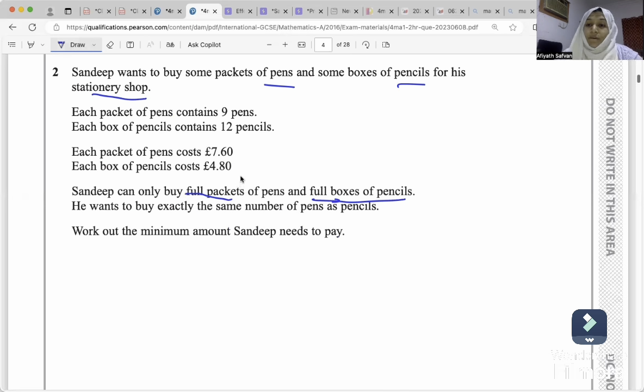This problem can be solved in various methods, so I'm going to use the LCM. I have to multiply by some number so that I get the same answer. If I multiply 9 by 4 and 12 by 3, I'm going to get both numbers as 36. Similarly, I'm going to multiply this by 4 and this number by 3.